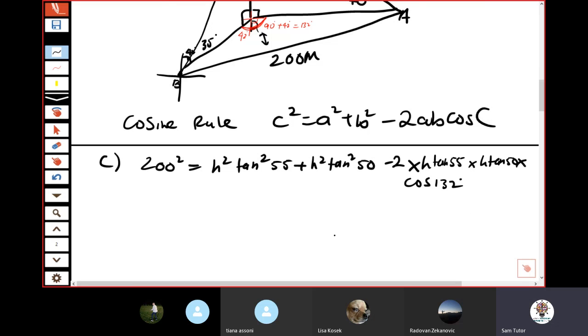Everybody okay with that line? C squared equals A squared plus B squared minus 2 times A times B times cos C. Now the next line, you've got to remember something.